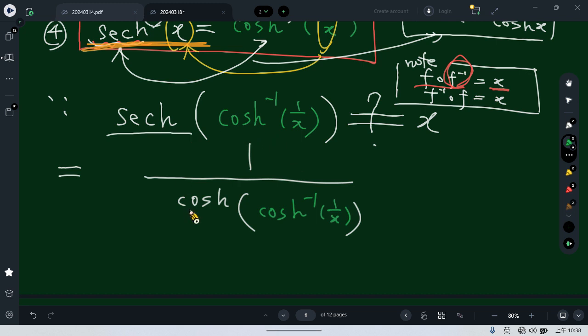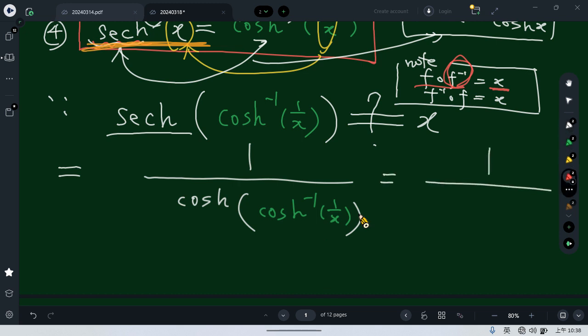From here to here, no problem, right? Because the hyperbolic secant function is the reciprocal of the hyperbolic cosine function. So I convert it from here to here, 1 over blah blah blah, right? Then you can continue to find that.